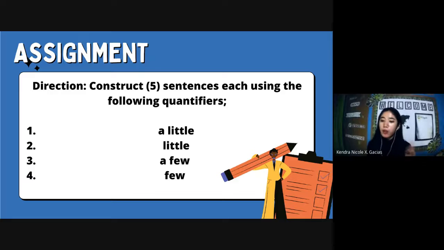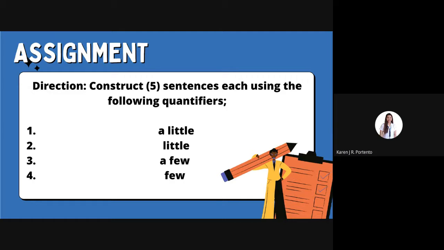So what I want you to do is to add the quantifiers few and little. So I will be expecting a total of 30 sentences. Okay? The few and little expressing the statement in a positive sense. Is that clear, class? Yes, ma'am. All clear po.